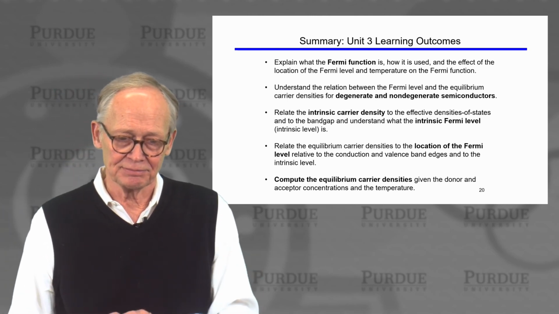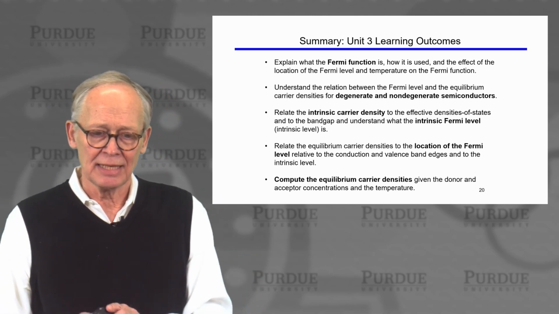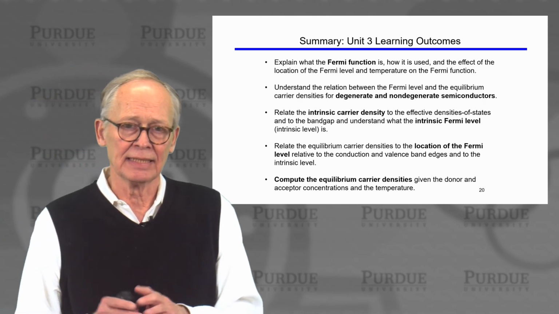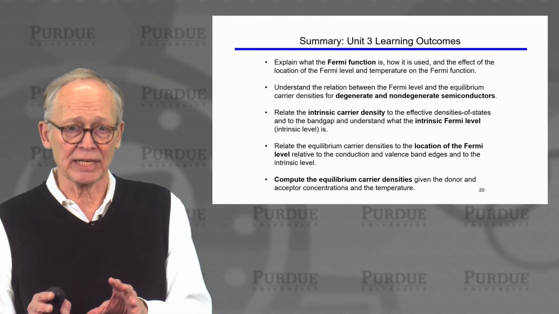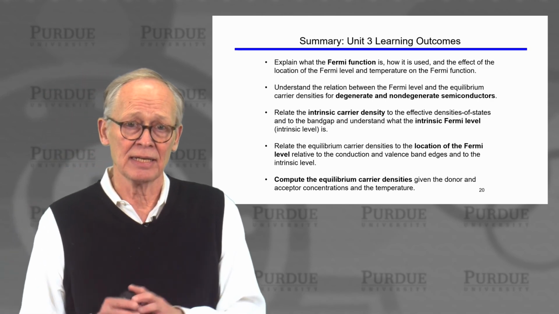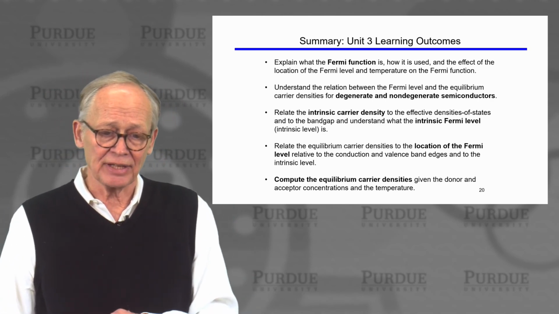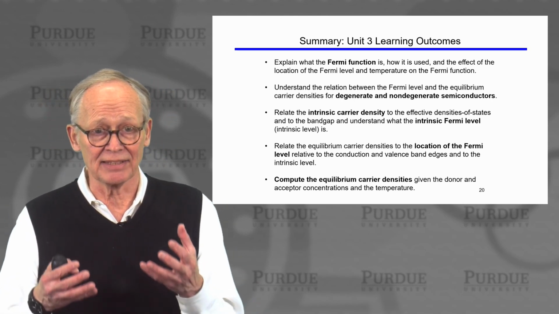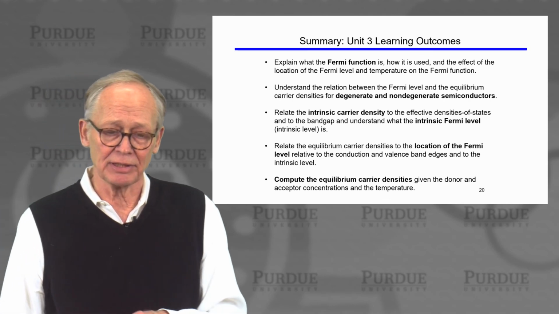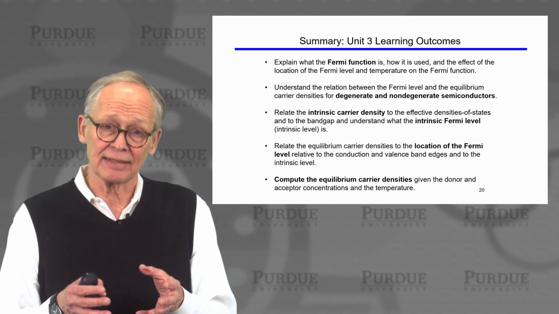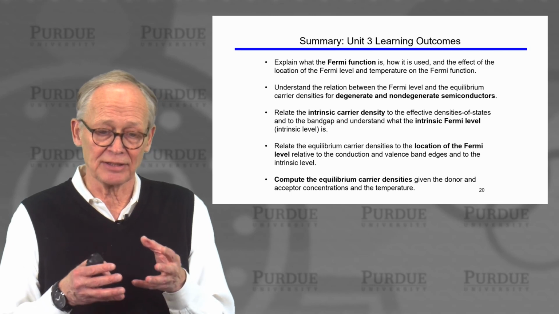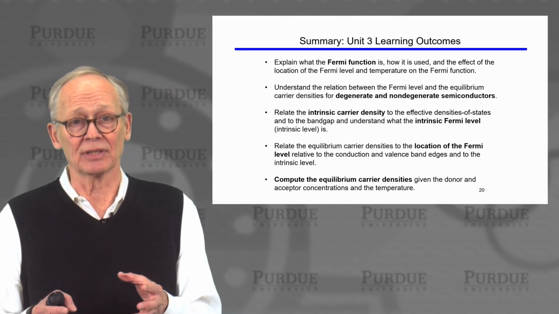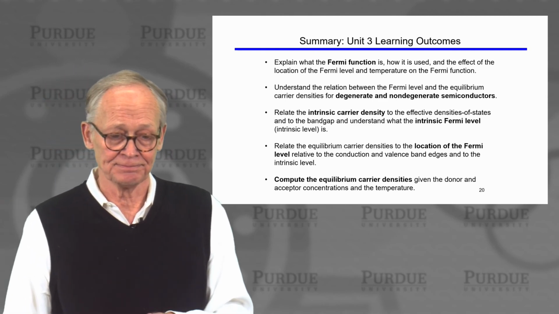So let's summarize. These are the learning outcomes. Be sure that you understand the Fermi function, what it is and how it is used, and how changing the location of the Fermi level and the temperature change the Fermi function. Understand the relation between the Fermi level and the equilibrium carrier densities and what we mean by non-degenerate and degenerate semiconductors. Understand how the intrinsic carrier density is related to band gap and to effective density of states. Understand what the intrinsic level or the intrinsic Fermi level means.